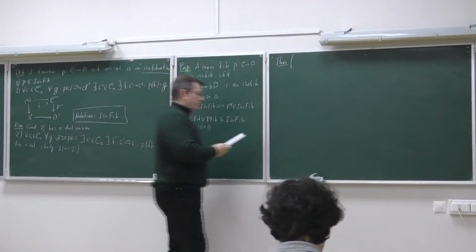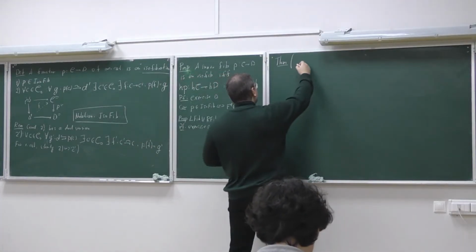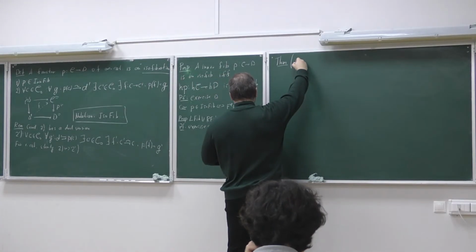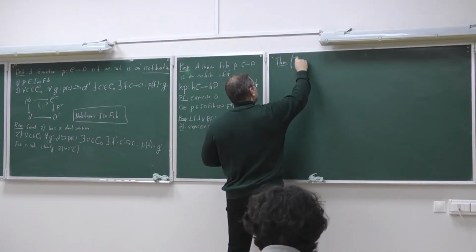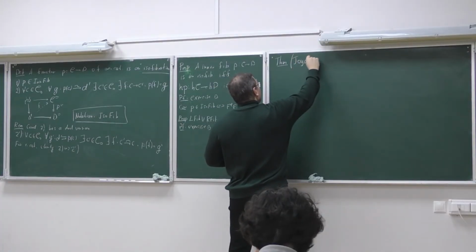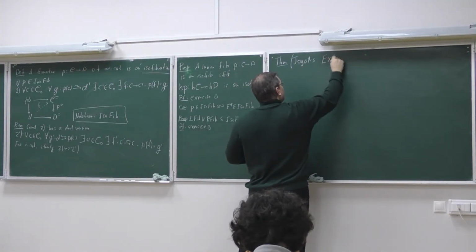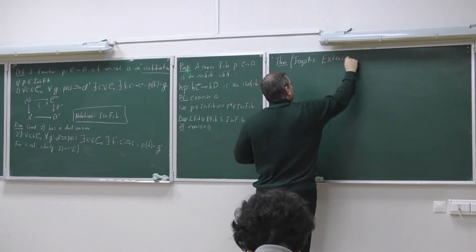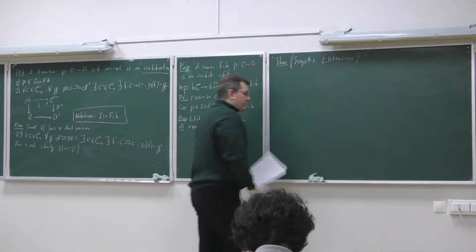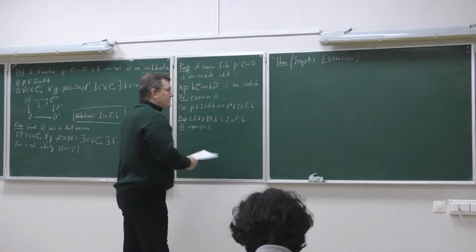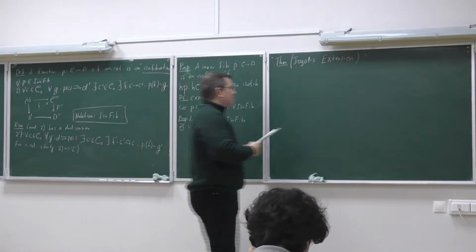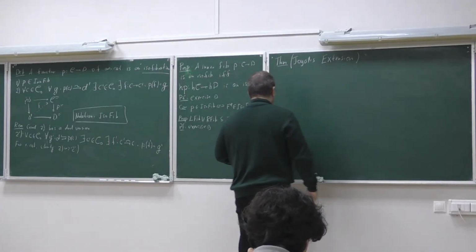So from this theorem you can derive a lot of corollaries, a lot of properties of different functors. So this will be Joyal's extension theorem. And this is the simple version of his theorem. There is also Joyal's lifting, which we more or less prove based on the same ideas.